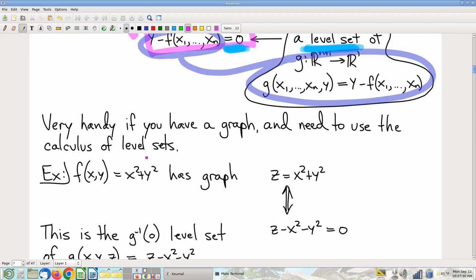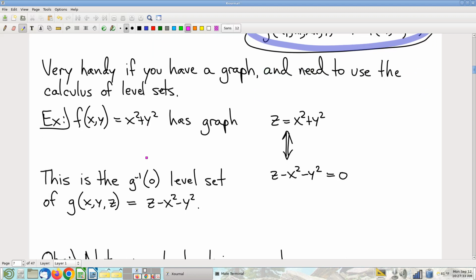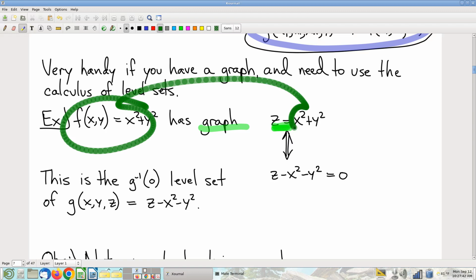Here's an example. Here I've got a graph. Specifically, we're looking at the graph of this function, x squared plus y squared. And yeah, it's a graph. That's nice. The calculus of graphs will tell me some things. But if I needed the calculus of level sets, which I can't tell you about just yet, since we need to develop those ideas and that'll take us a little time, but there are some things that you can do with level sets that are really handy.